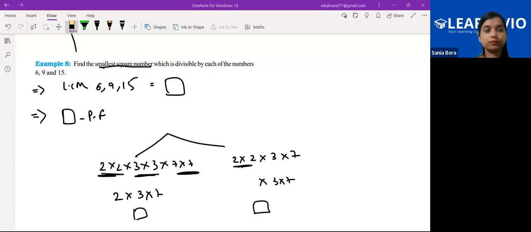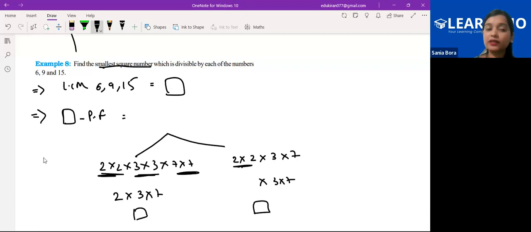Should we leave out the square number and multiply the rest of it with the prime factor, with the number which we got when prime factorizing? Yes. Tell me at which point you are. Ma'am, I found the LCM.